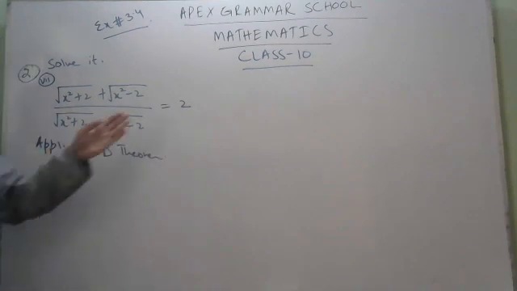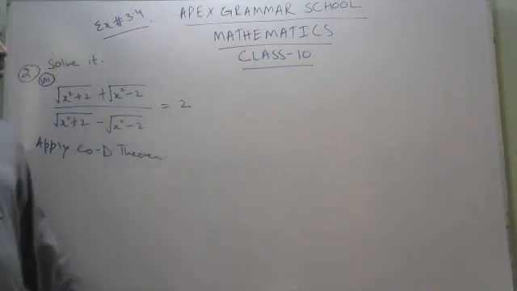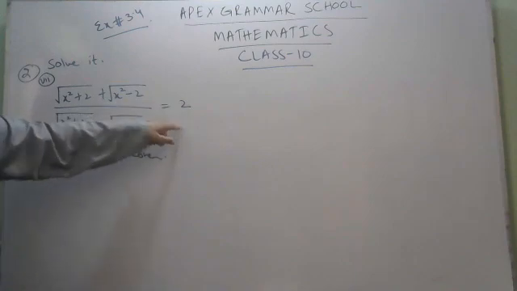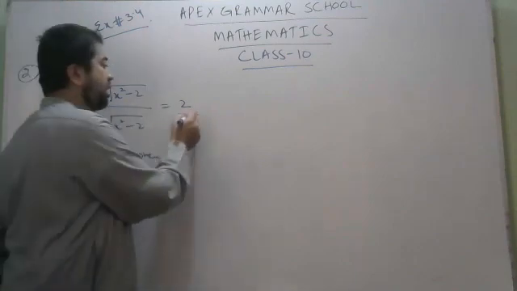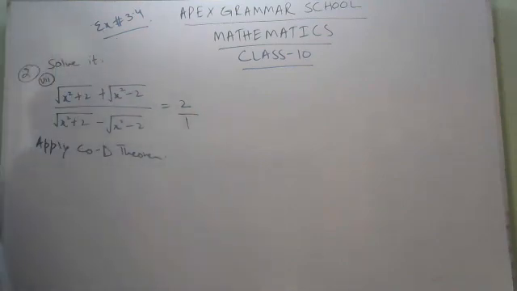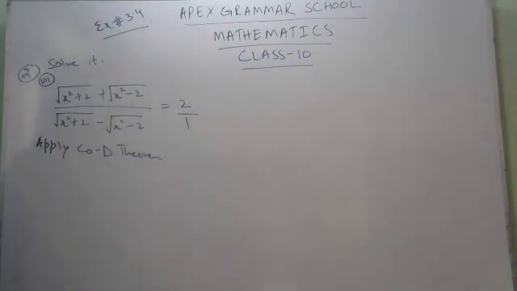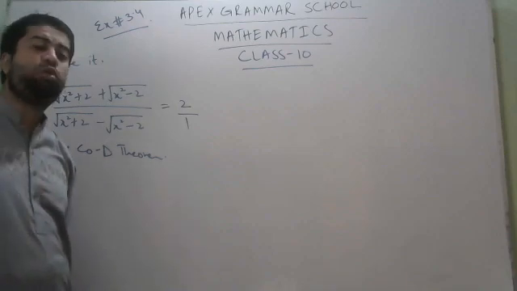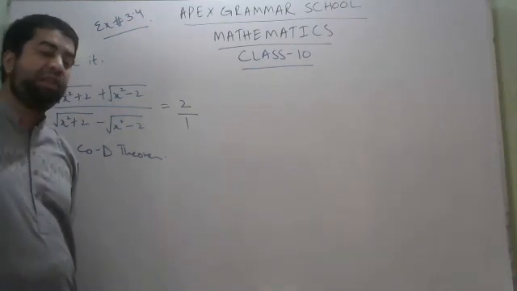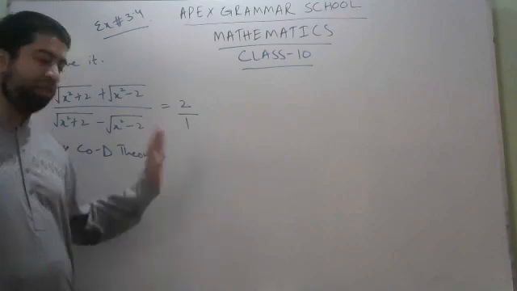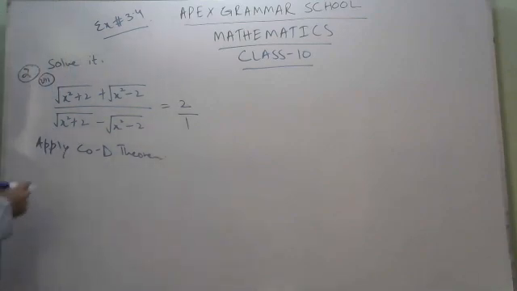For the right hand side you can see 2, but for the denominator we need 1. If there is nothing written, we can apply 1, because if we write it in the form of a fraction, then 1 is the denominator. So apply the componendo and dividendo theorem. I will apply it directly.